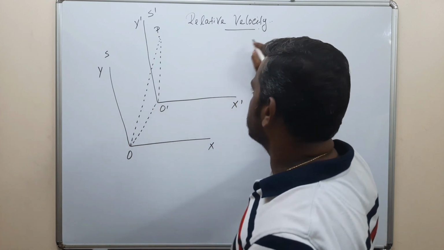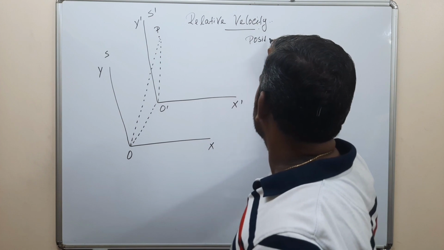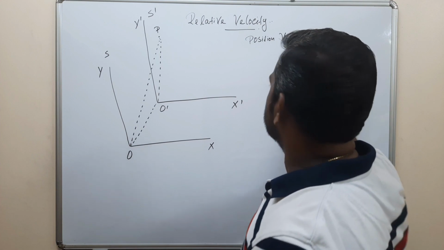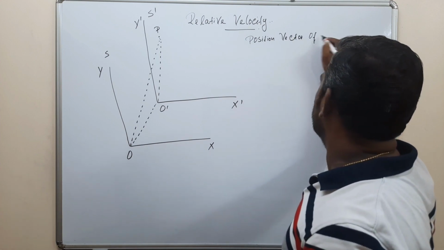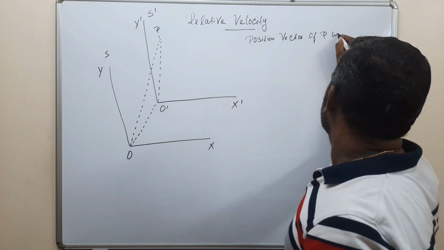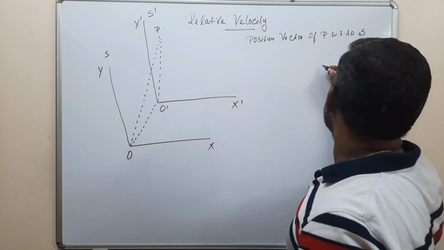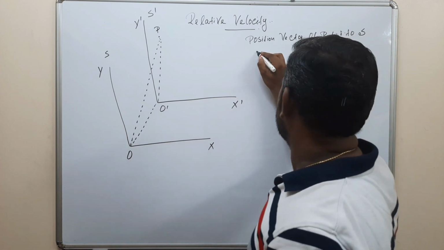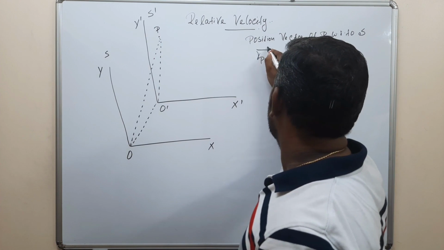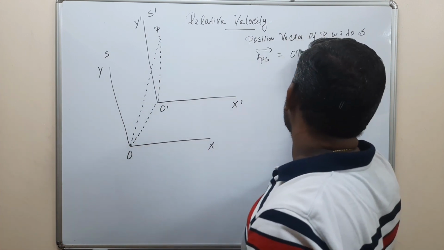So we can write the position vector of P with respect to S, that is R P S vector, is equal to the OP vector.